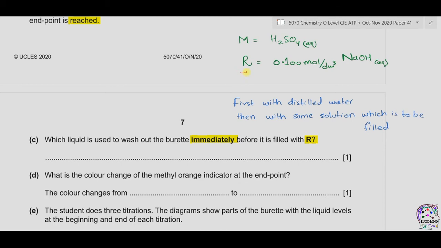Now in this case we have R which is to be filled in the burette, so it should be washed immediately with R before the experiment.